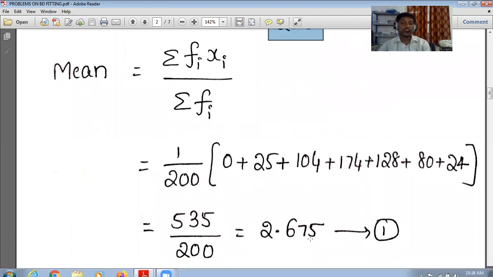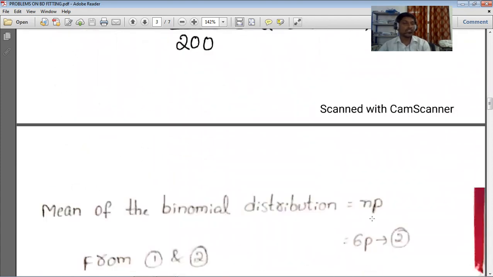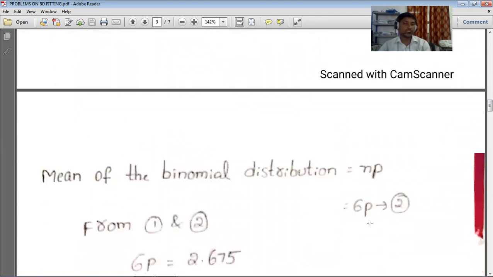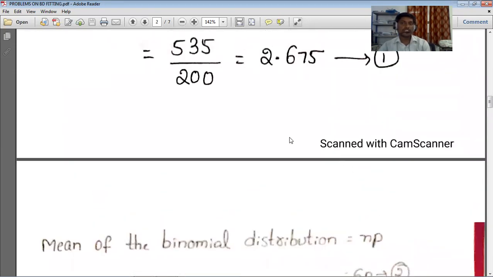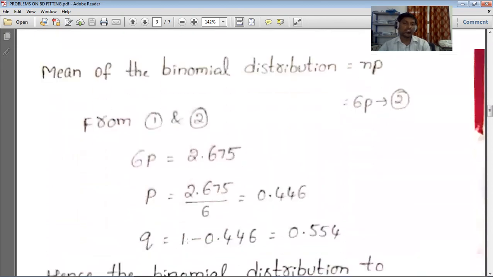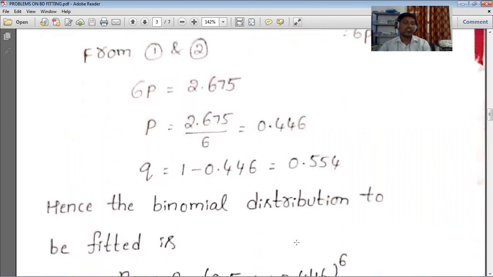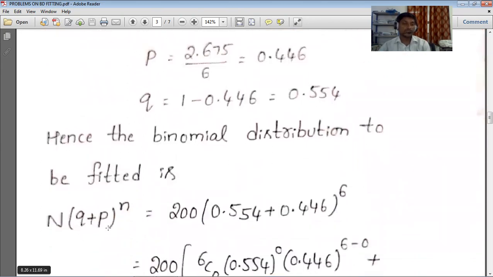Next, the actual mean, we know, is np, which is 6p. By equating equation 1 and equation 2, 6p is equal to 2.675. From that we get the value of p, and then q. The binomial distribution to be fitted is N into (q plus p) whole power n, so 200 into this.